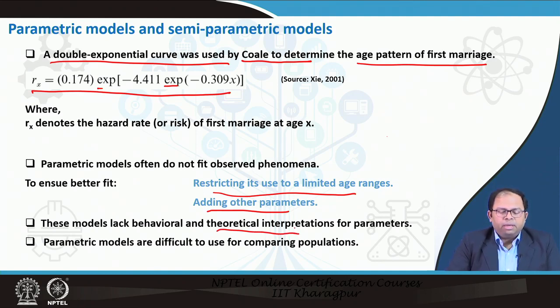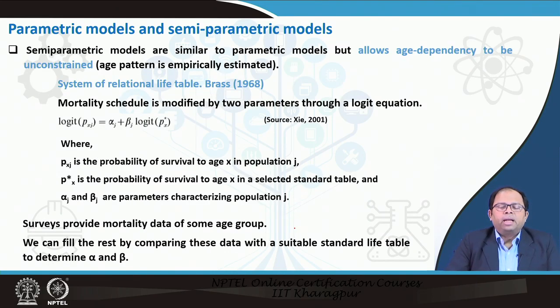And parametric models are also difficult when we compare two populations, because the parameter values A and B will change, as we are seeing in the previous equation, and that will make it difficult to compare between the two populations. So, in semi-parametric models, this is taken care of to a certain extent.